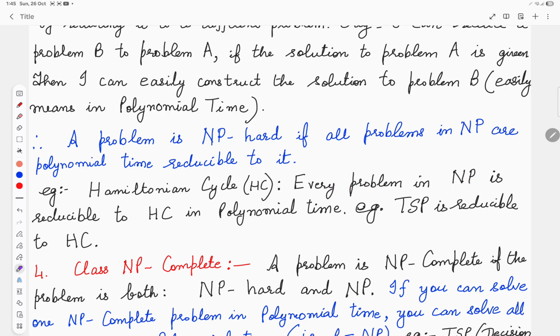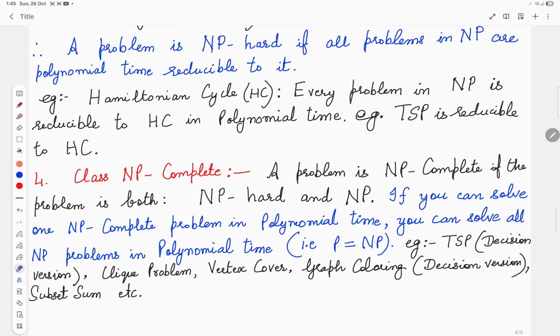Every problem in NP is reducible to the Hamiltonian cycle, as an example. That means every problem that exists in the NP class can be reduced to the Hamiltonian cycle. Therefore the Hamiltonian cycle is an NP hard problem. For example, TSP in the NP class is reducible to the Hamiltonian cycle. Now there is another categorization known as NP complete.